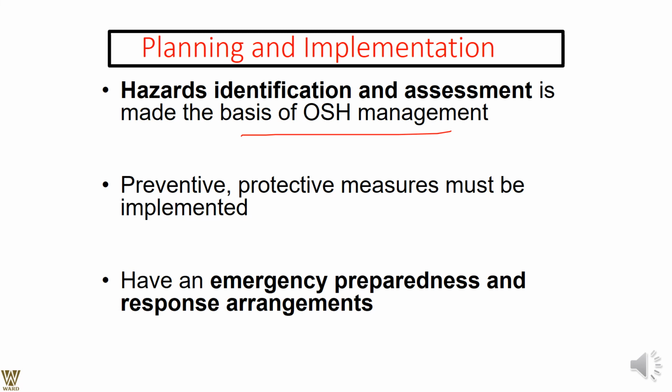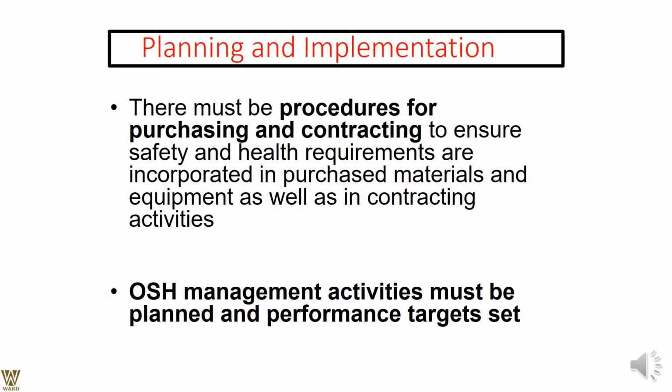Having emergency preparedness and responsibilities in place does away with a lot of detrimental effects altogether, or eventually the damage can be deferred. So we talk about procedures in terms of purchasing and contracting to ensure safety and health requirements are incorporated in purchased materials and equipment as well as in contracting activities.